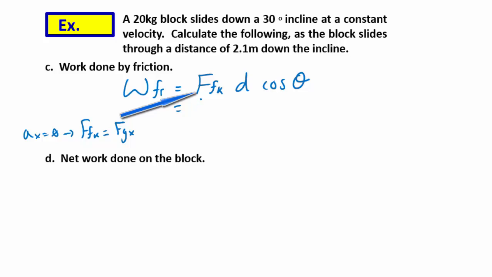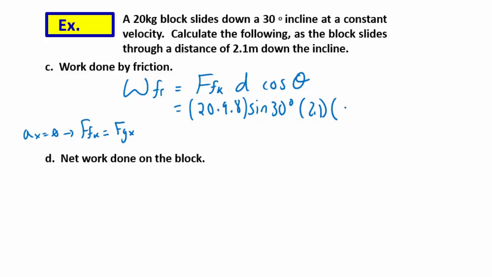So what this means is I can plug in mg sine 30 again: 20 times sine of 30 degrees times that distance times cosine of theta. Friction was acting 180 degrees, and cosine of 180 is -1.